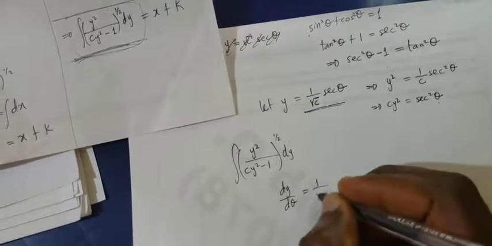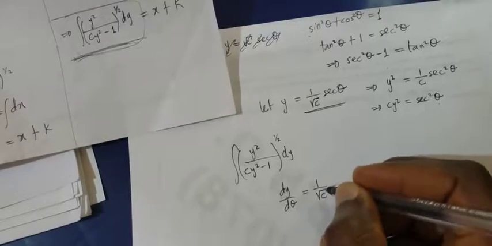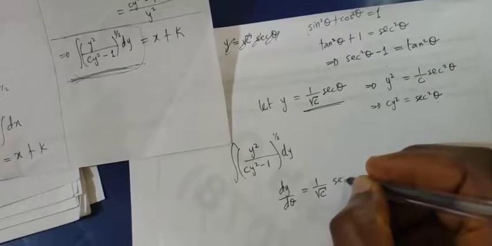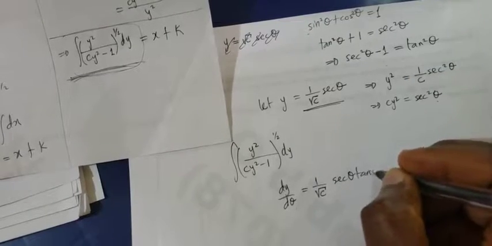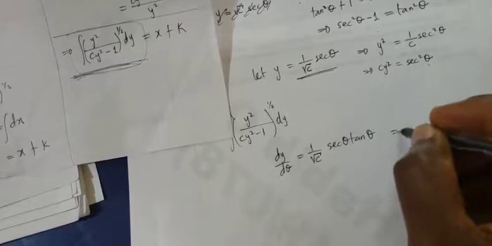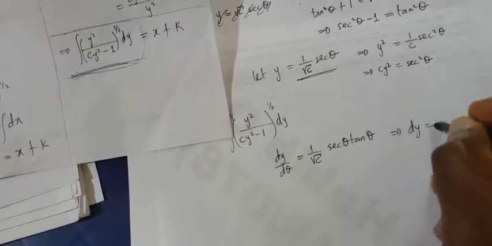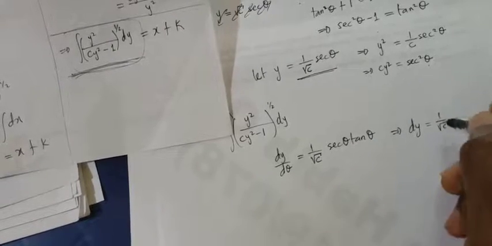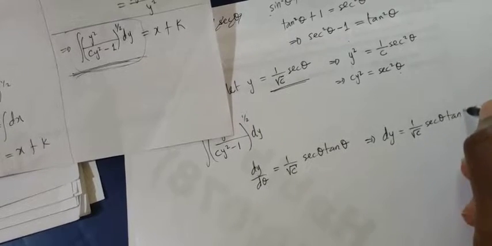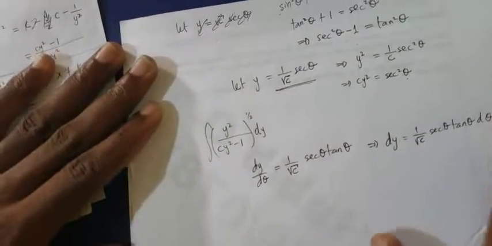So dy d theta, that's the derivative of this with respect to theta. 1 over root c, that's still a constant. Derivative of sec theta with respect to theta is sec theta tan theta. You should remember this from your differentiation. And then that means that where we have dy, we replace it with 1 over root c, then sec theta tan theta d theta. So let's see how this goes.